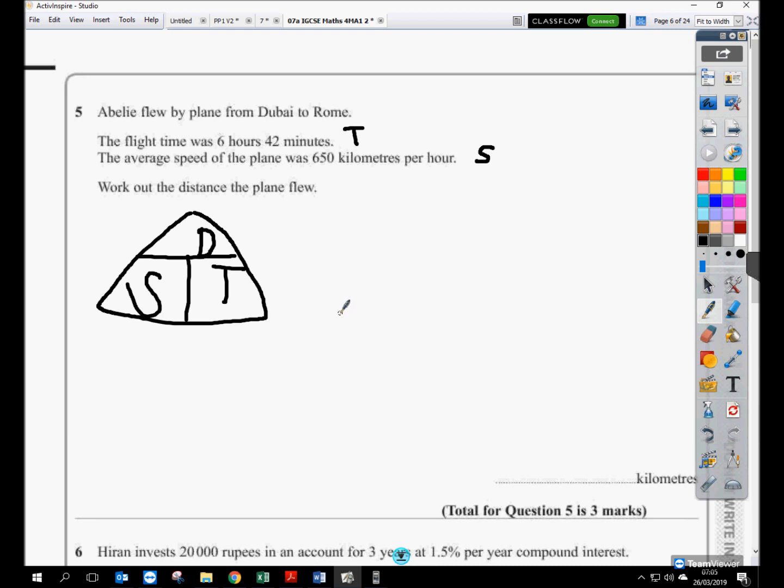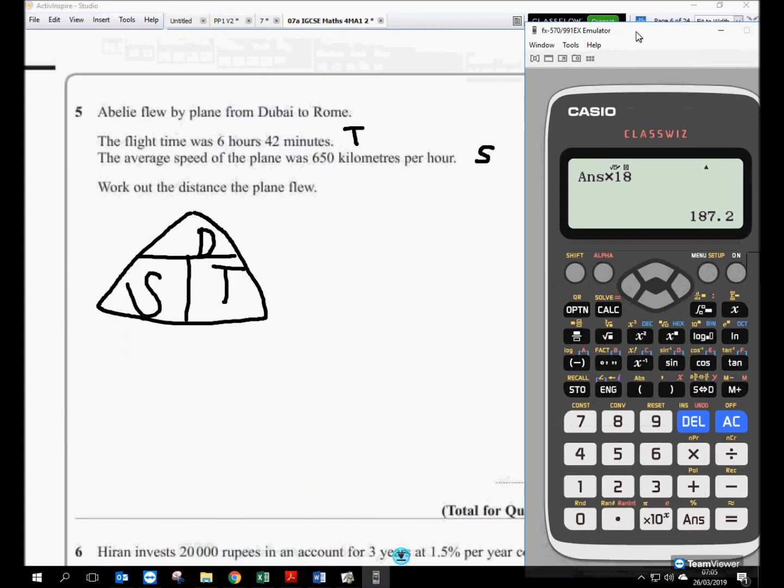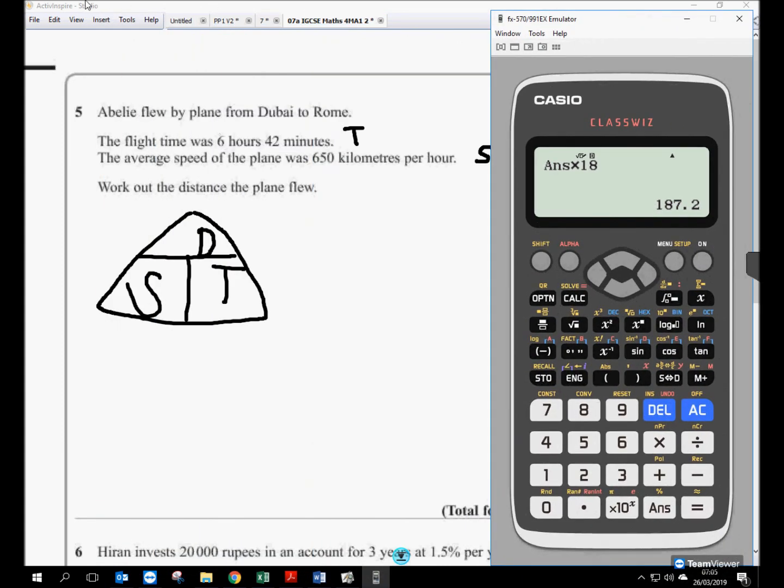Now, what you must not do in this question, very dangerous, is to do 6.42 as the time. That's illegal. There is a button on the calculator that converts hours and minutes into a decimal, and that's the time button, which is this one here. So we type in 6 hours and 42 minutes.